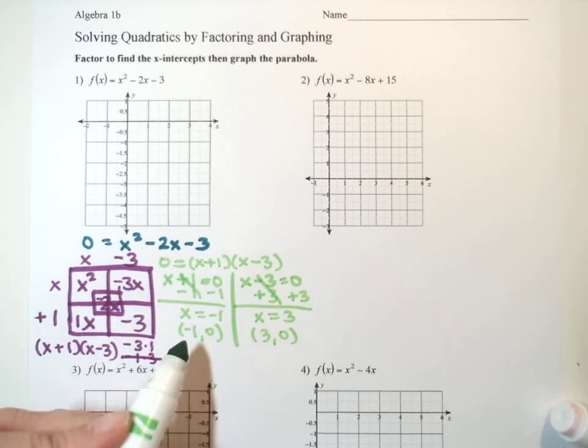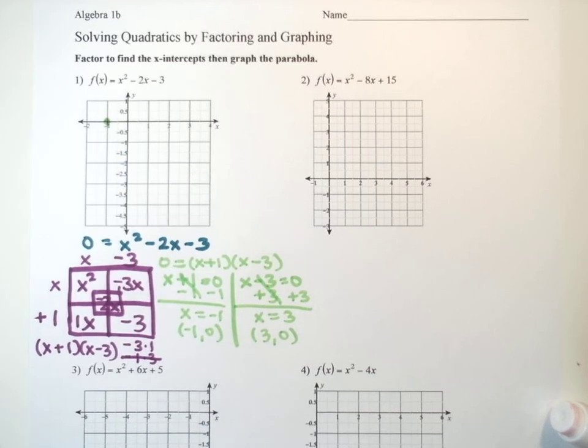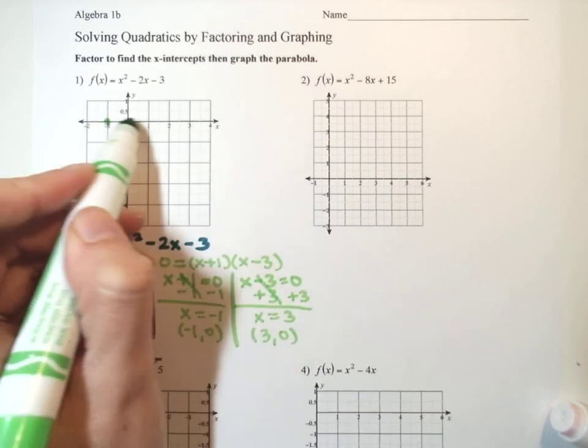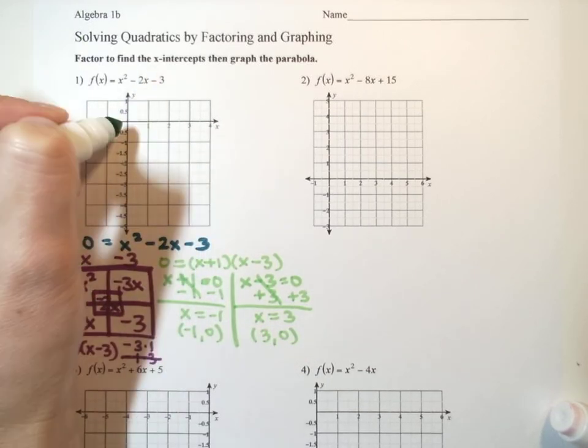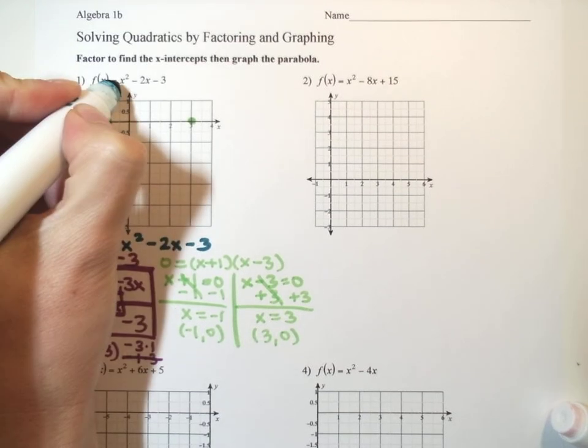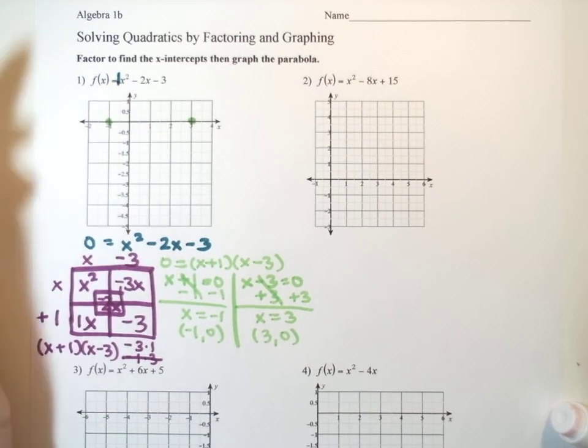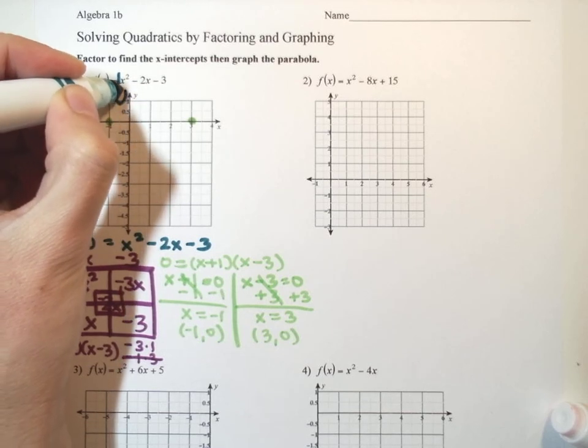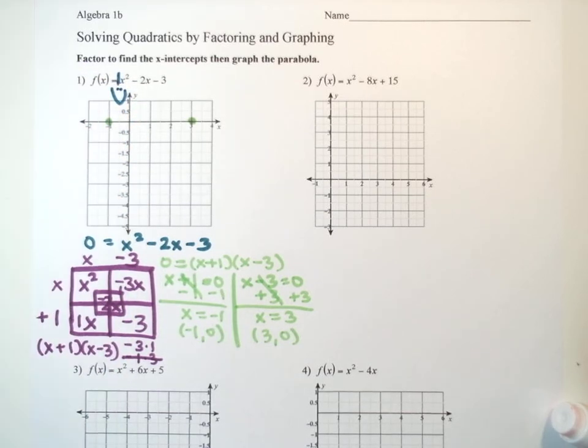So we can plot those first. We'll go to negative 1, 0. Remember, they're x-intercepts, so they should be right on the x-axis, and they are. And then 3, 0. Then we're going to look to our equation for a little bit more information. So this parabola could open up or it could open down. So let's look at a. a is a positive 1, which tells us it's a happy face. It is opening up.